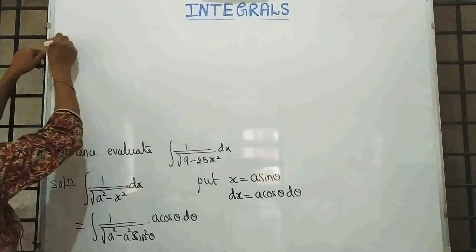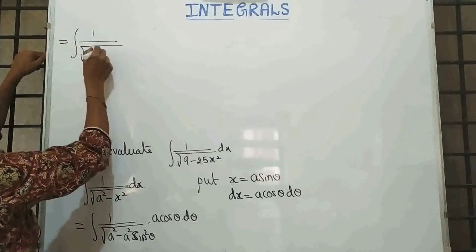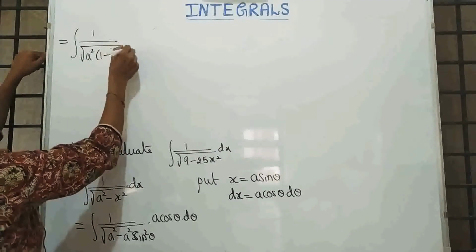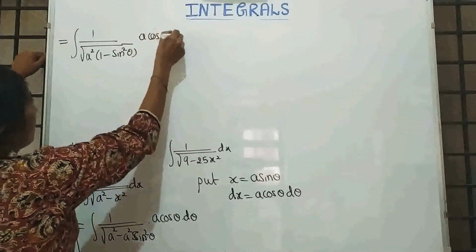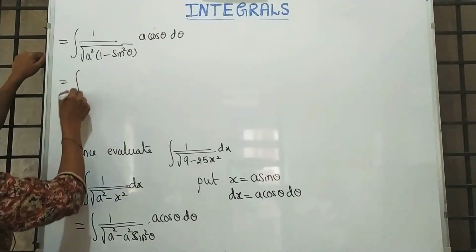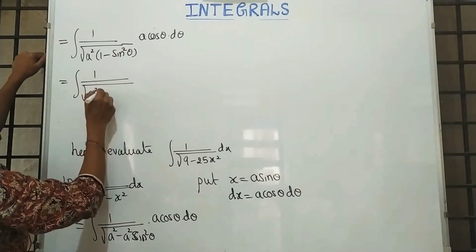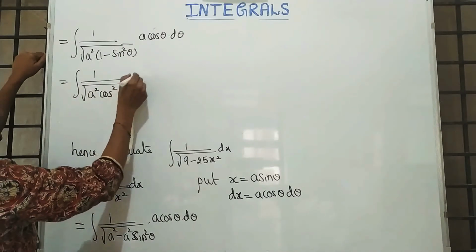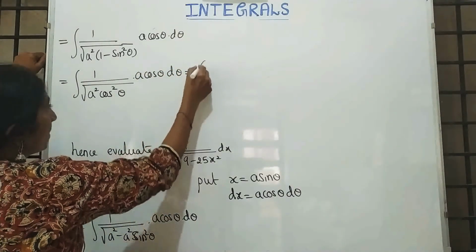So here, 1 upon root of a square common, 1 minus sin square theta, into a cos theta d theta. It is 1 upon root of a square, 1 minus sin square is cos square theta, and this is a cos theta d theta.